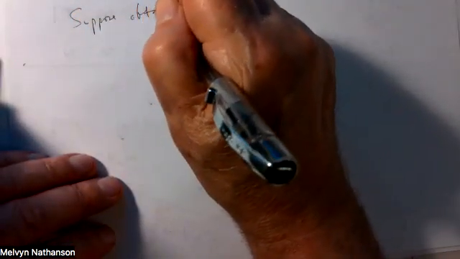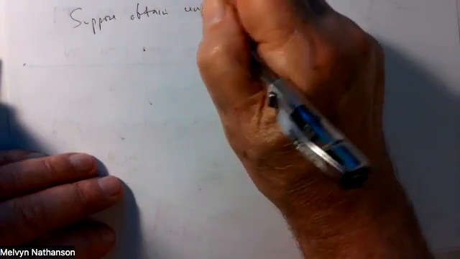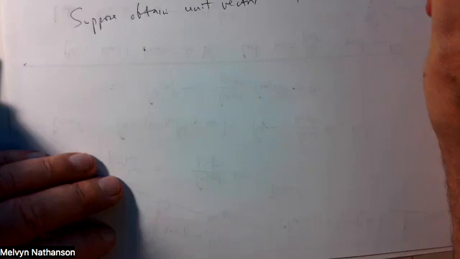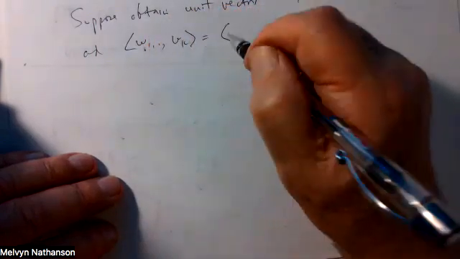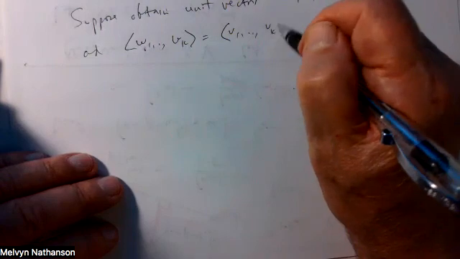Suppose I continue this process, and I suppose I obtain unit vectors W1 up to W sub k, k between 1 and n minus 1, orthonormal, and the subspace spanned by W1 up to Wk is exactly the subspace spanned by the original k vectors in my basis.